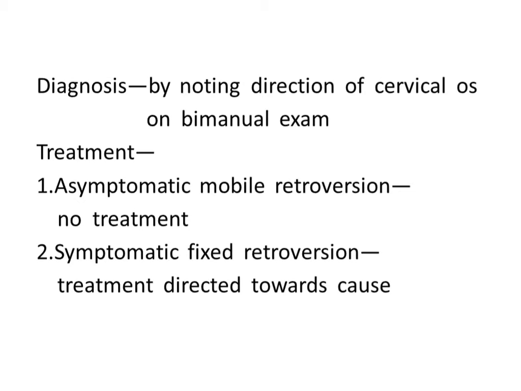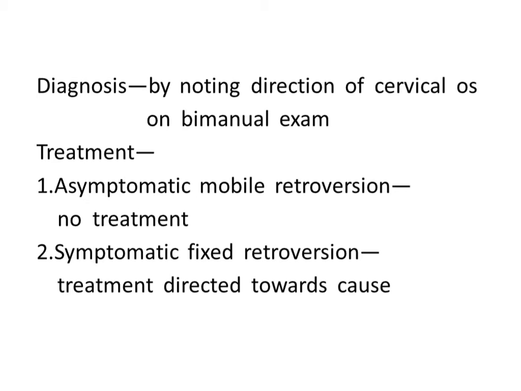The treatment basically should be directed towards the cause of the retroversion in fixed retroversion. Here, you're not going to treat the retroversion in an isolated manner. Your treatment of the retroversion is only secondary. And once you treat the primary cause, many times the correction of the retroversion also gets included in that. So there may not be any special need for correction of the retroversion if you treat the primary cause.